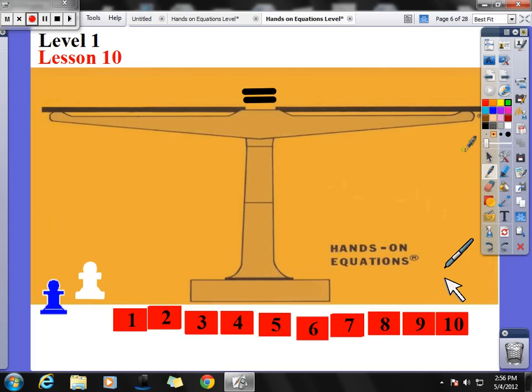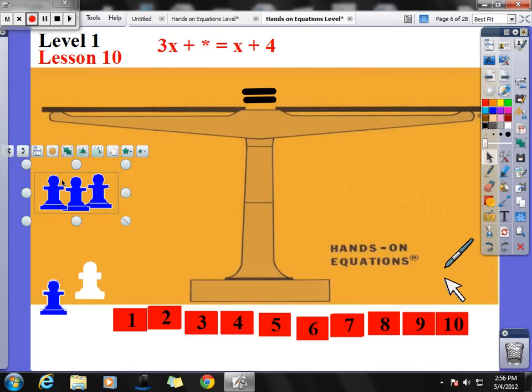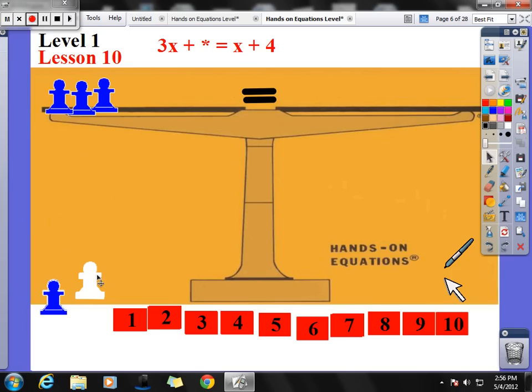So in lesson 10, now I have an equation that looks like this. 3x, 1, 2, 3. Remember, my x's are blue. 3x plus a star equals x plus 4. So I'm going to put a 4 up here. So I have 3x plus star equals x plus 4.